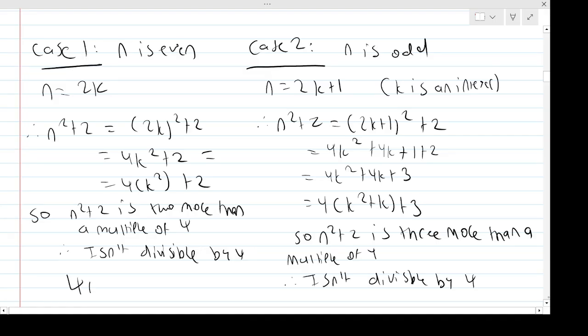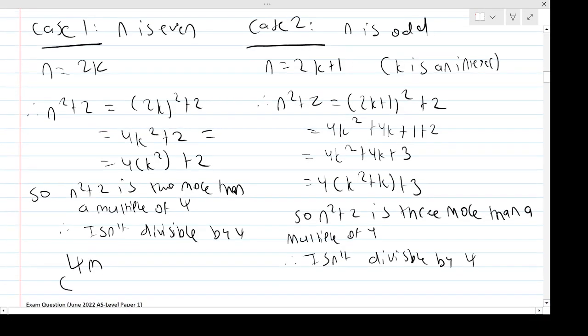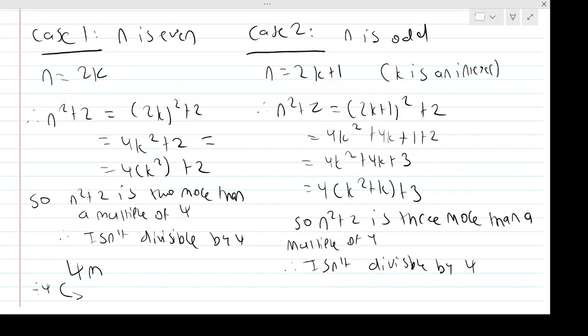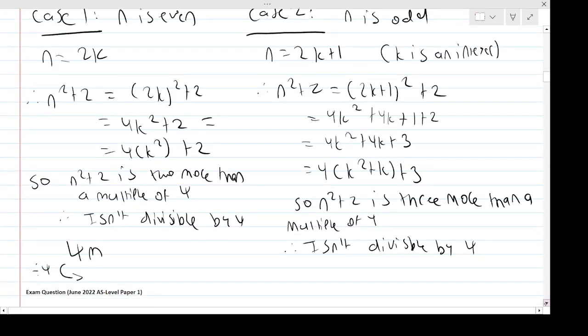Say if we had 4m, some number m, that's divisible by 4, because if we divide it by 4, we get just m, which is still an integer. And so very simply, if something is divisible by something, then it's the same as being a multiple.